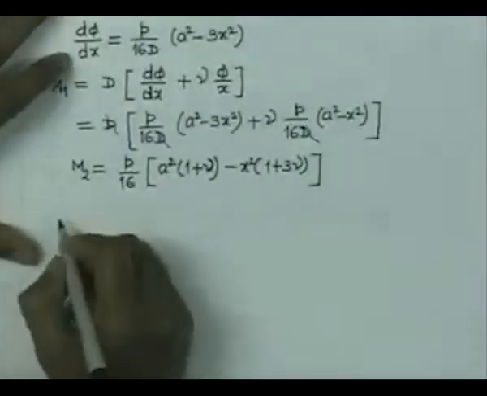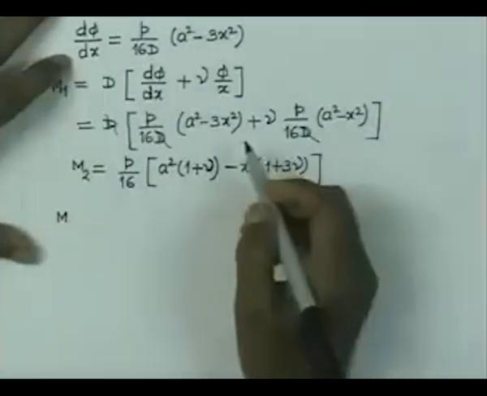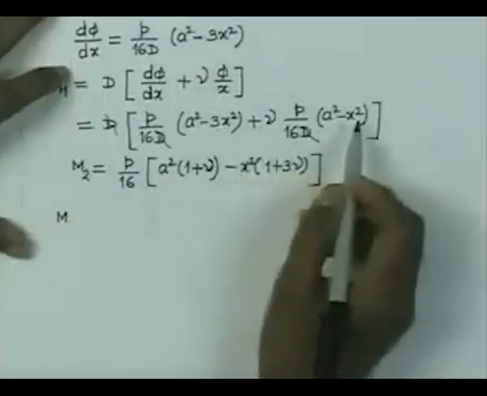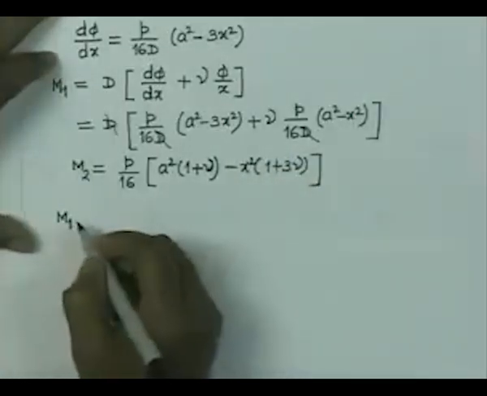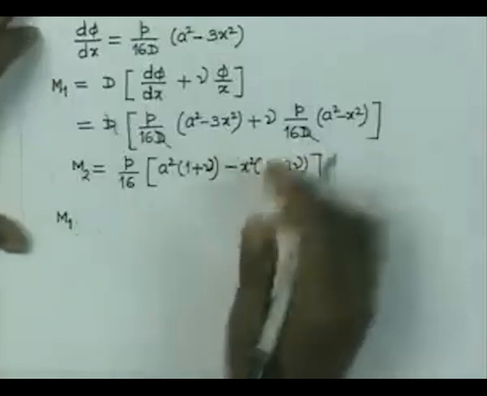So, M1 at x is equal to a, we see that at x is equal to a we are going to have the maximum bending moment. I am sorry, we will try to calculate the bending moment at x is equal to a.